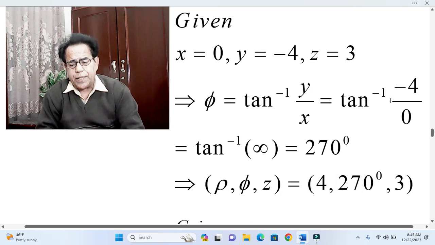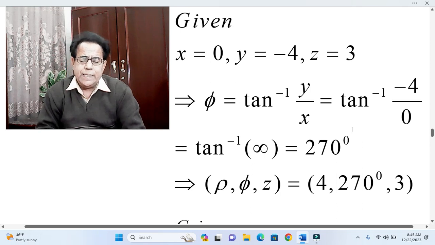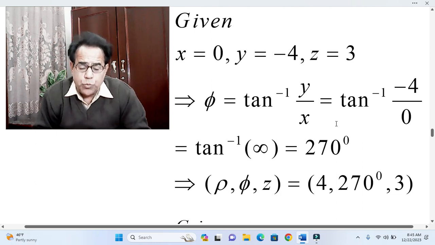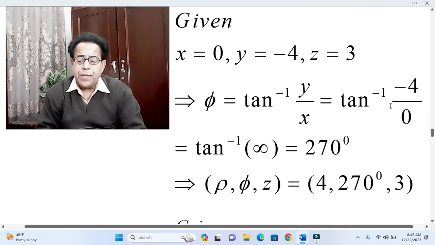In this case tangent 90 is equal to infinity, but here we are not going to take 90 degree because one value is minus. So we have to add pi to 90. Okay, 90 plus 180 equal to 270.